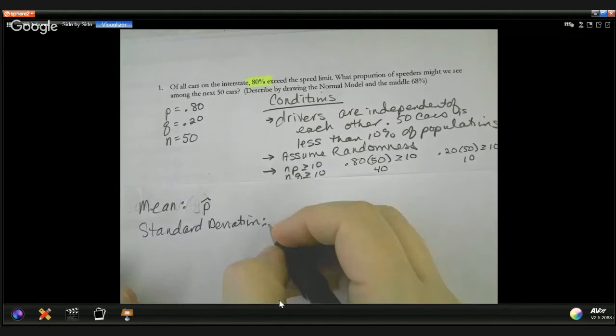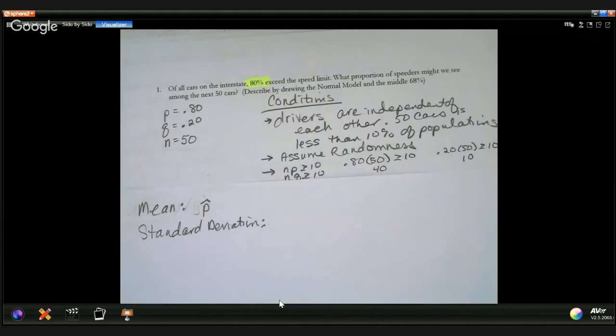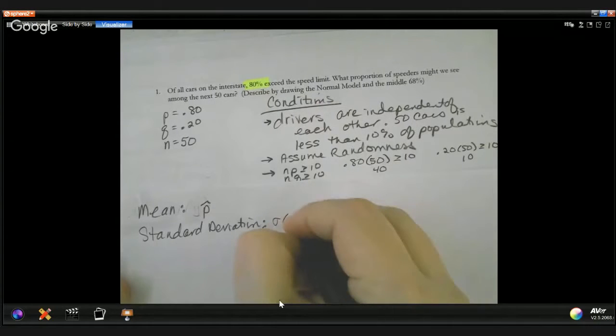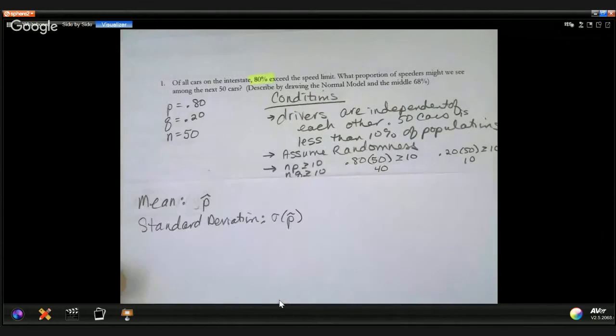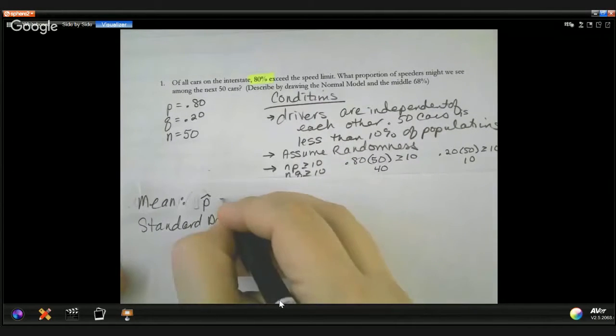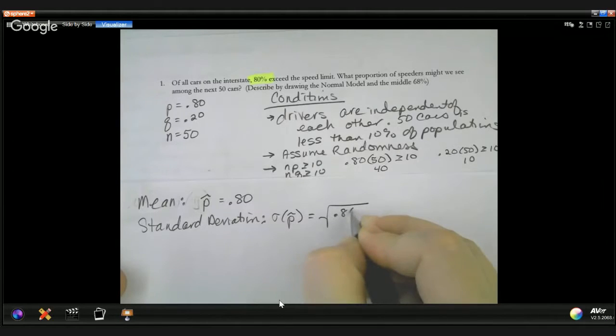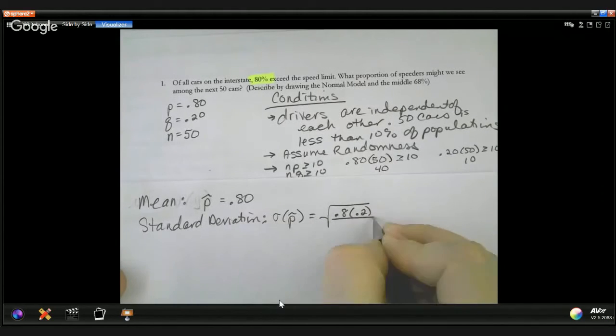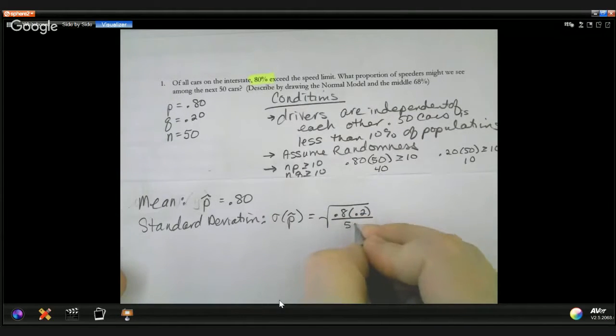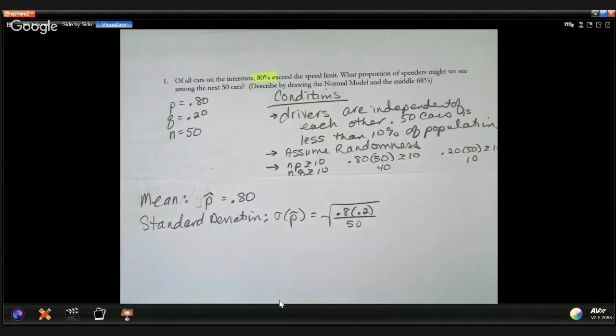And then the standard deviation is going to be the standard deviation of p hat. So my mean stays the same, just 0.80, and my standard deviation is going to be the square root of 0.80 times 0.20, all divided by 50. Now, your standard deviation is going to differ depending on what your sample size is.